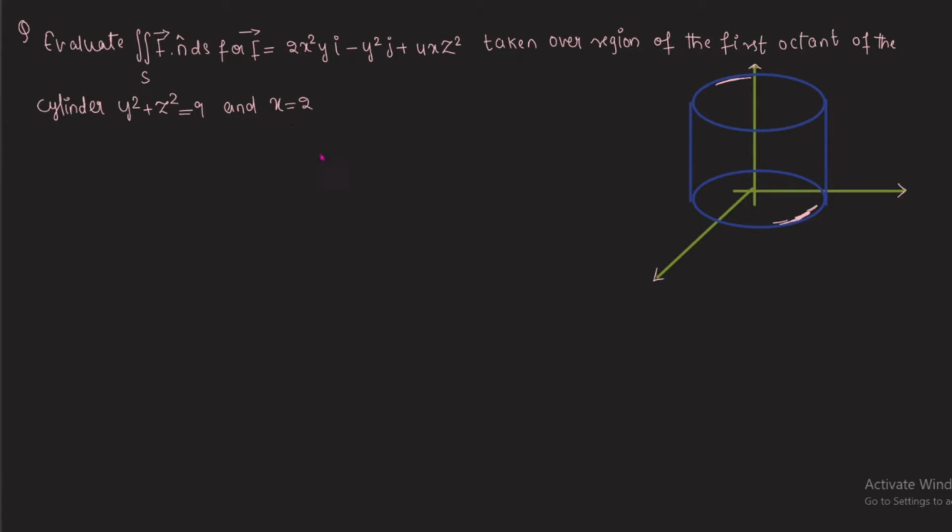Let us draw this cylinder here on the coordinate axis. Here we have y and z, so I am taking the base as the yz axis. Here I'll take the y and z axis, and this will become the x axis. This represents the base circle y squared plus z squared equal to 9.